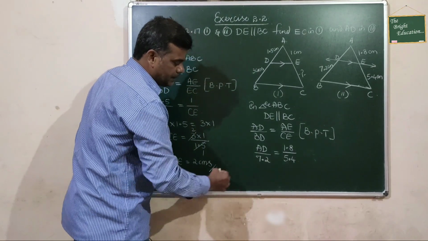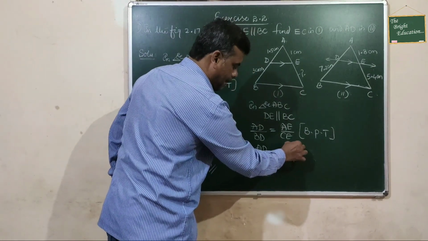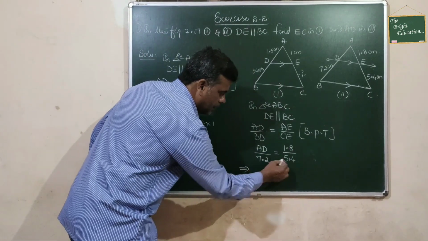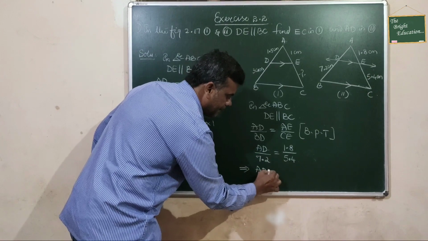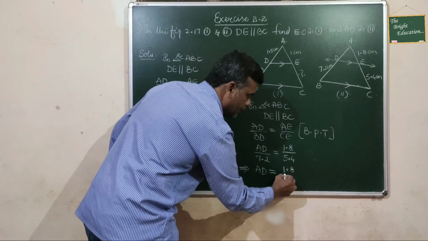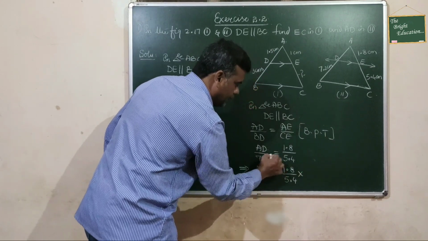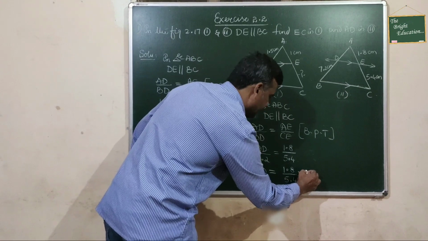As we know, on cross multiplying, AD is equal to 1.8 divided by 5.4 into 7.2.